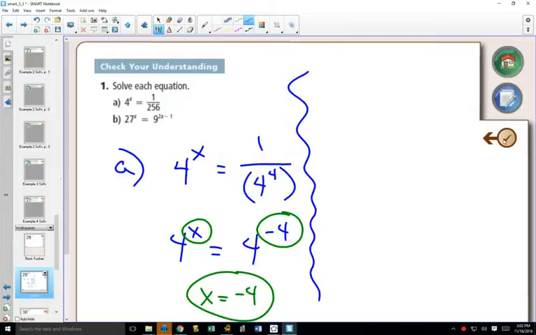Same strategy for the second one. We look at our numbers. The bases are 27 and 9. Do those happen in the same column in our powers chart? Yes, for 3. So we take 27, we change it to 3 cubed, we still have an x up there. We take 9, we change it to 3 squared, we still have a 2x minus 1.